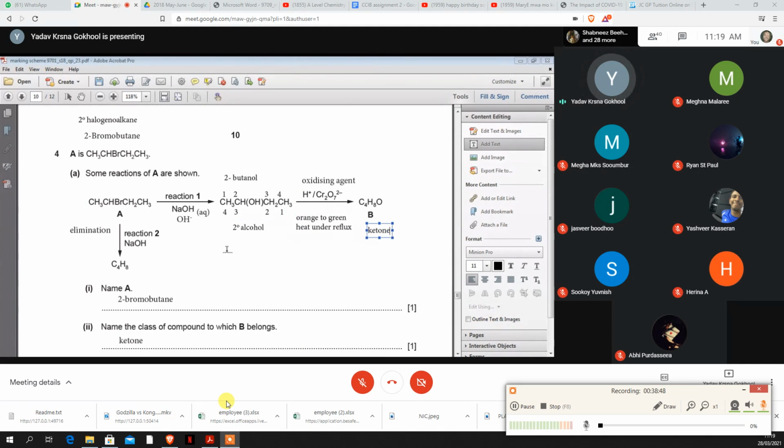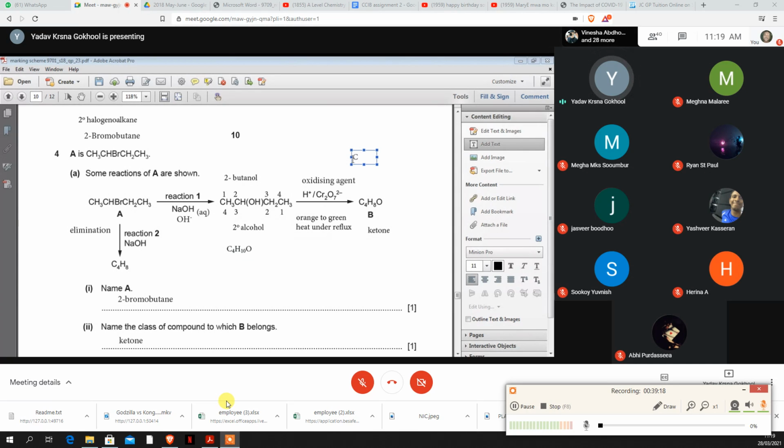Now we come back over here, C4. 3, 4, 5, 6, 7, 8, 9, 10. Yesterday only we spoke about it. What is the difference between an alcohol and a ketone? You will see that the ketone has less hydrogen. How many? Less 2.